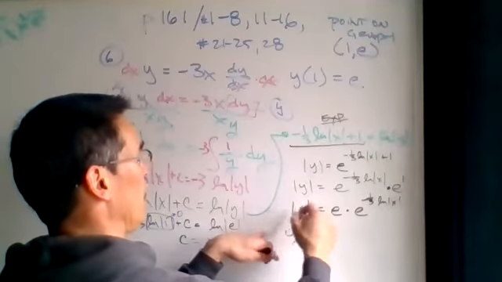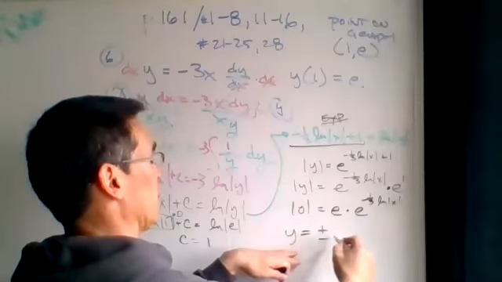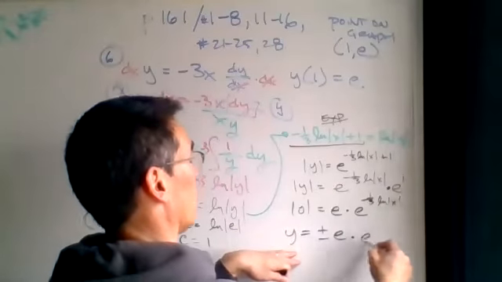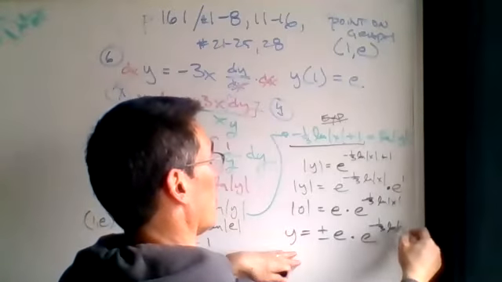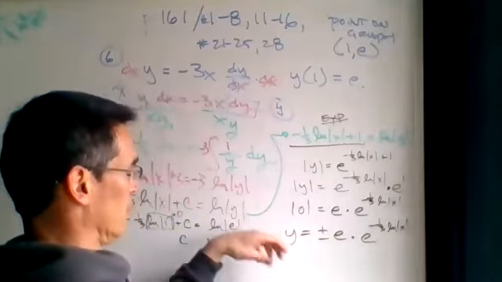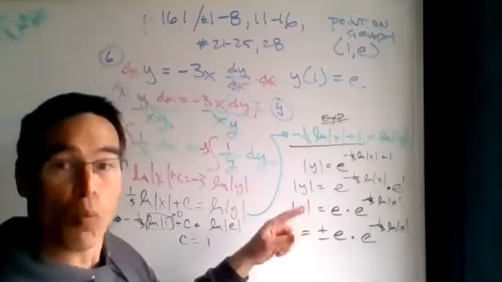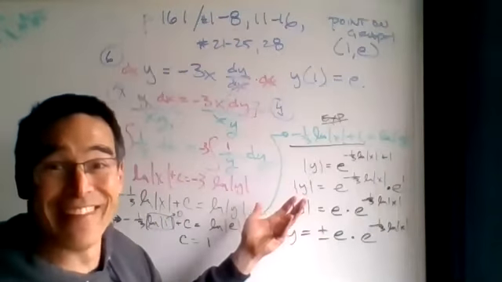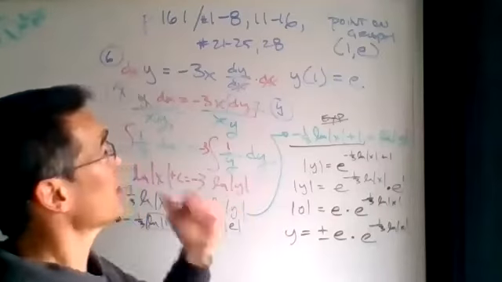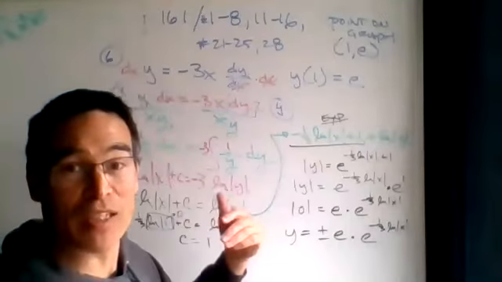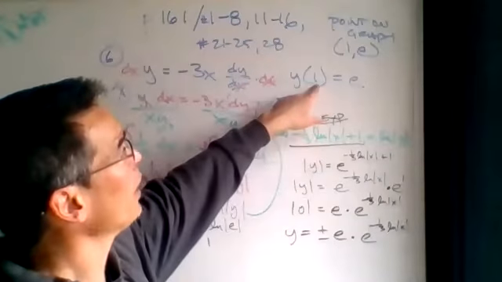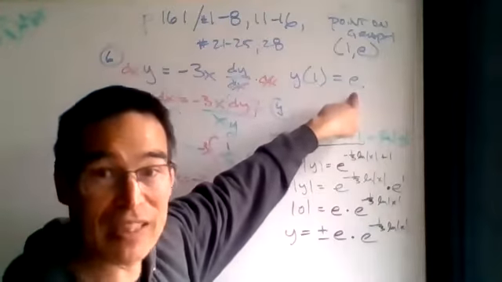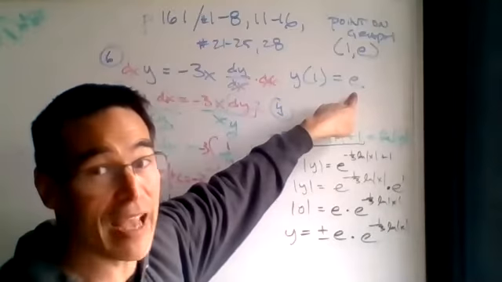Okay, so we still have this y over here. So if I take away this absolute value, I get plus or minus. One of these, plus or minus, is right, one is wrong. So how do we determine which one is right? Flip a coin? No. When we put one in, we get positive e out, not negative e.